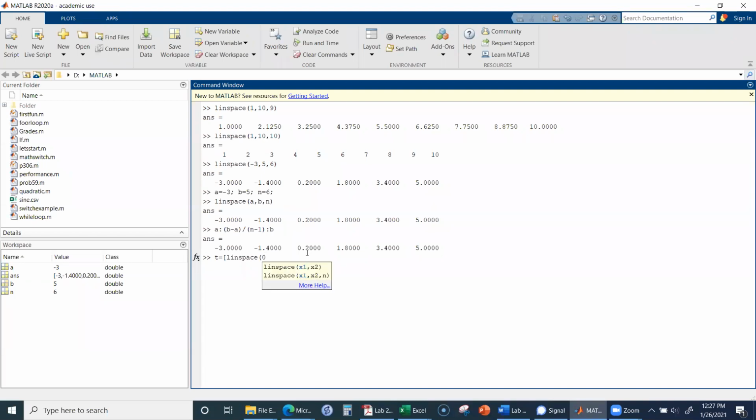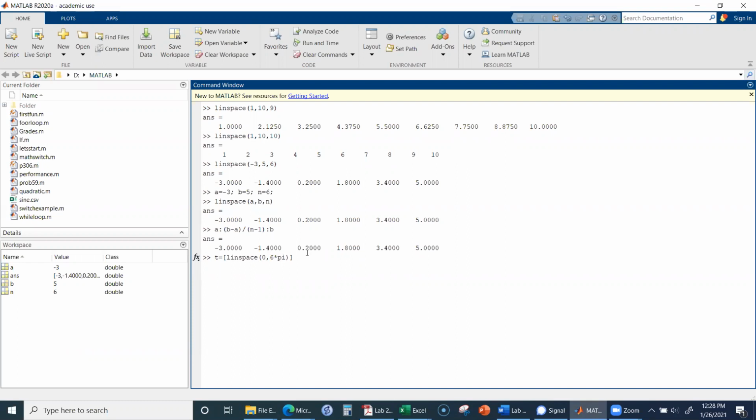Linspace from 0 to 2 times pi, or maybe I can say 0 to 6 pi, so we can take 6 cycles.